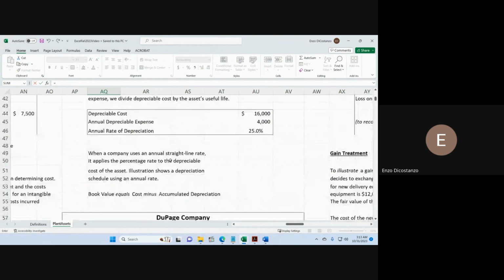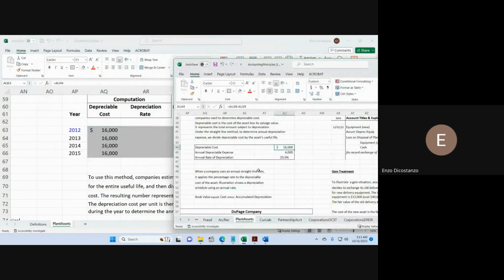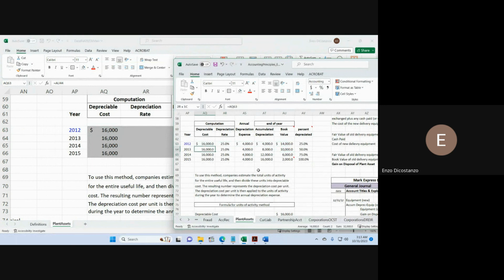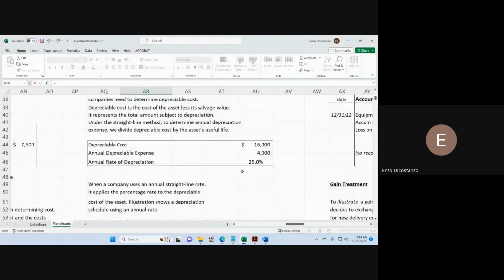So the depreciable cost is the 16,000, and that's the same every time. And the rate is just that 25%.